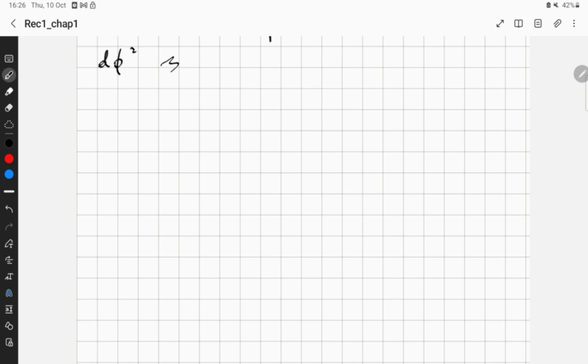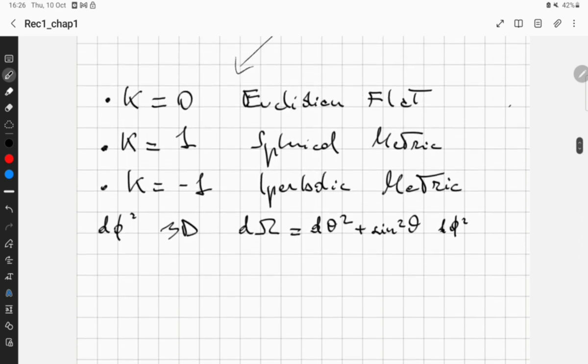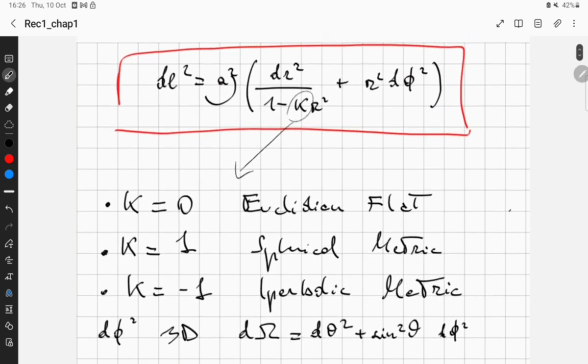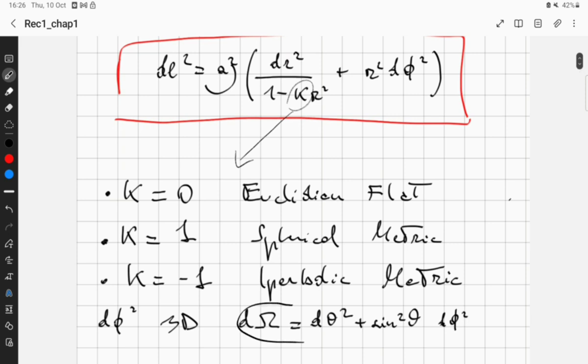So if we write the d phi square in 3 dimensions, we have d omega square, which is equal to d theta square plus sin square theta d phi square.